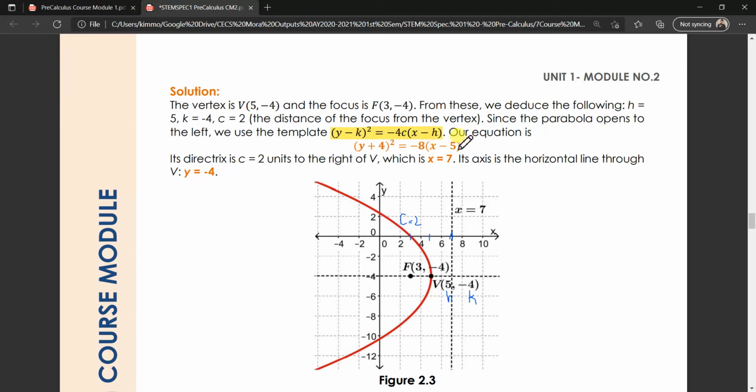Times x minus h, where h is the x coordinate of our vertex, which is 5. So our final standard equation is y plus 4 squared is equal to negative 8 times x minus 5.